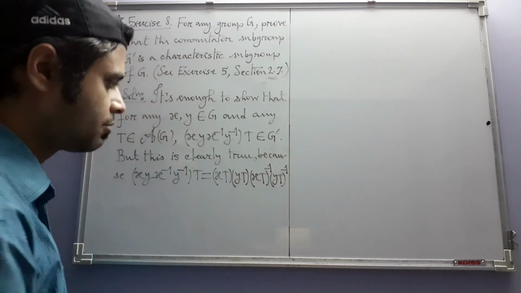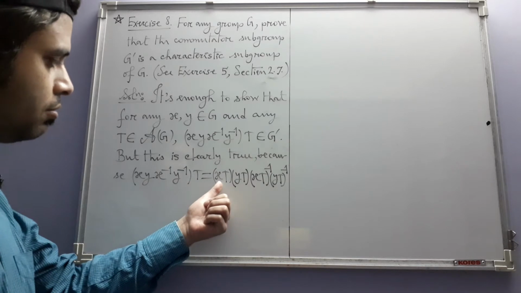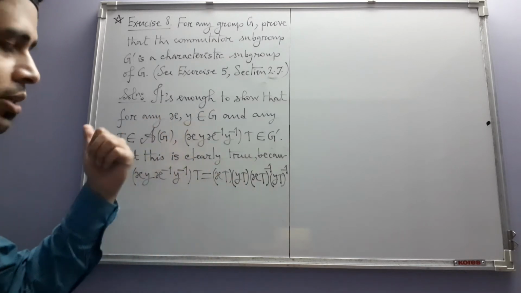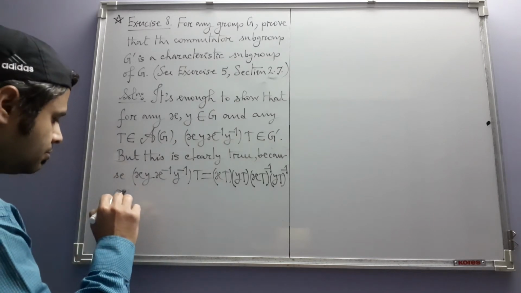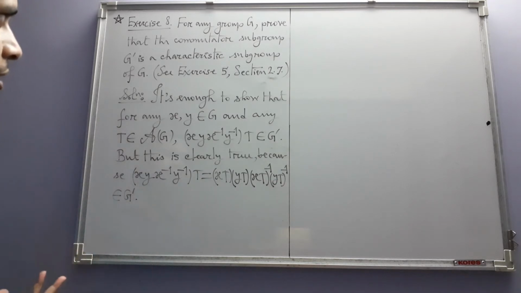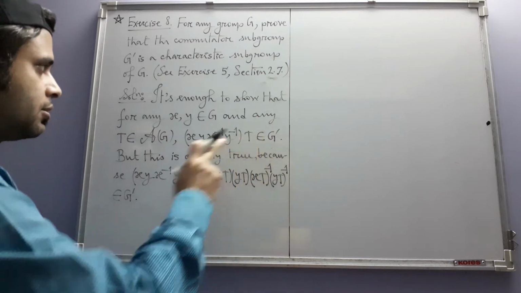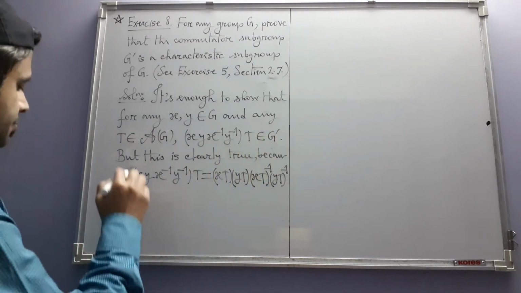Now note carefully that this again is a commutator of these two elements xT and yT, which are again elements in our original group G. So this belongs to G prime. So that's just it. It shows that the commutator or the derived subgroup of any group is a characteristic subgroup.